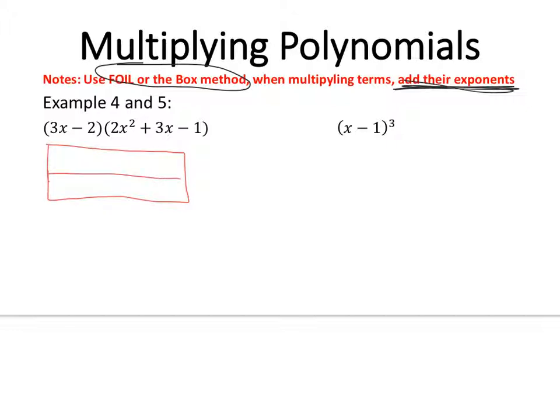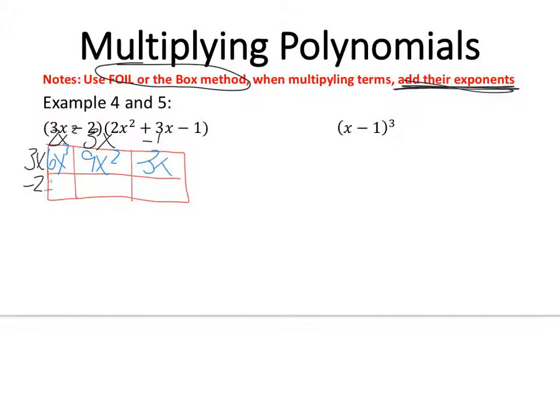I need to make a 2 by 3 box because my first polynomial is only 2 terms, but my second one is 3 terms. So then I just go through and multiply everything together. So this would give me 6x to the third, 9x squared, negative 3x.